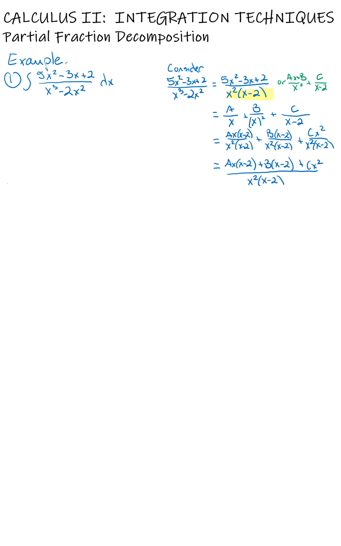So we can just write that bit down. Now, you could also write this as an equation and clear the fraction. You can think of it either way, but I know that those numerators must be equal. So 5x squared minus 3x plus 2 must equal Ax times x minus 2 plus B times x minus 2 plus Cx squared.